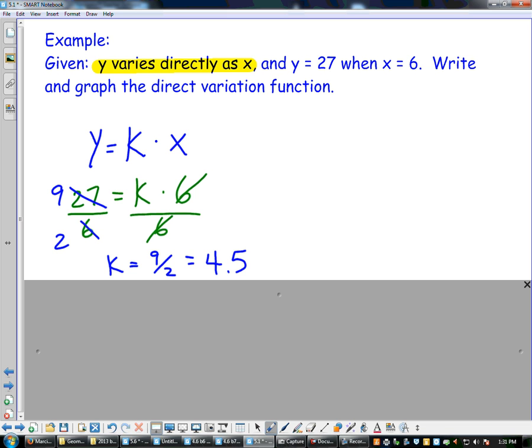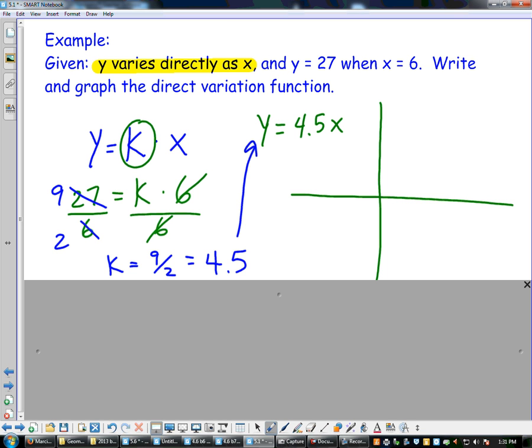We're not done yet. We need to write the direct variation function. This is just the k value. So we're going to take that k value and plug it in right here. So we're going to get y equals 4.5x. And if we're going to graph this direct variation equation, our graph would look something like this.